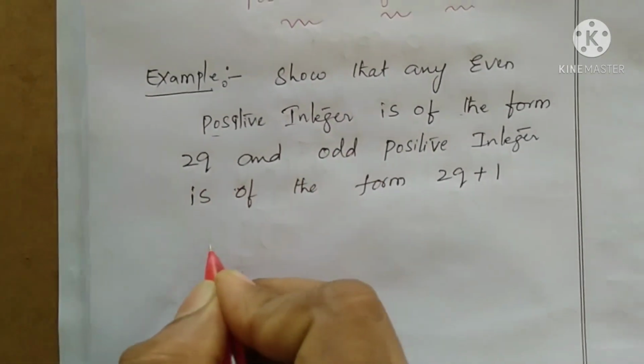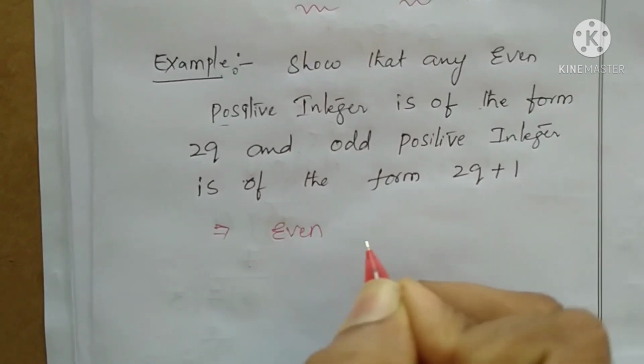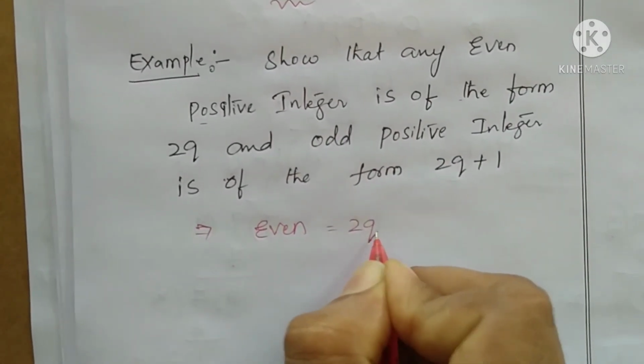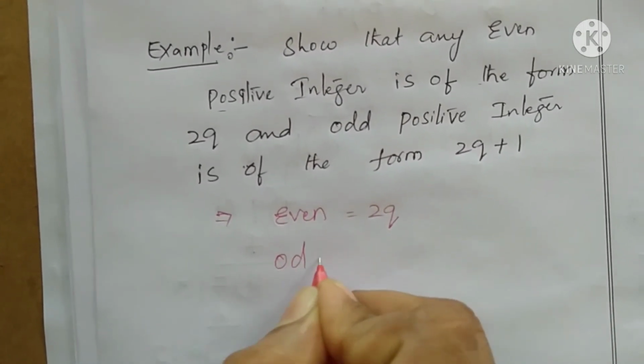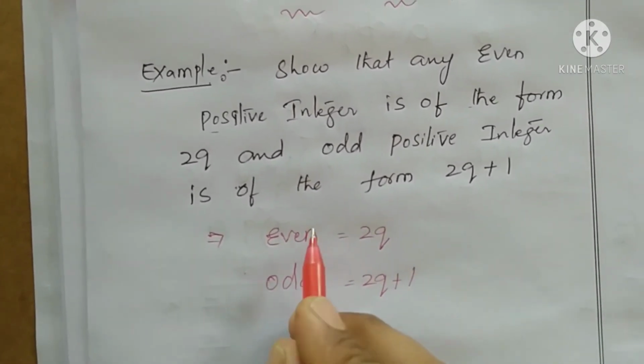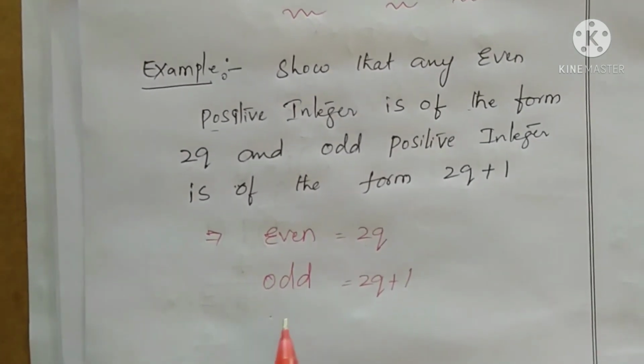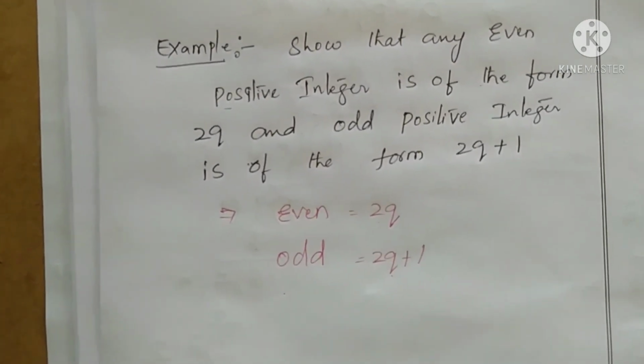Here even is of the form 2q, odd is of the form 2q plus 1. Any positive even integer is of the form 2q, and an odd integer is of the form 2q plus 1.